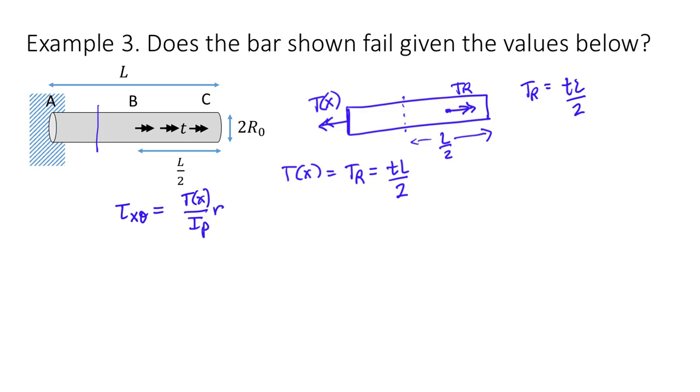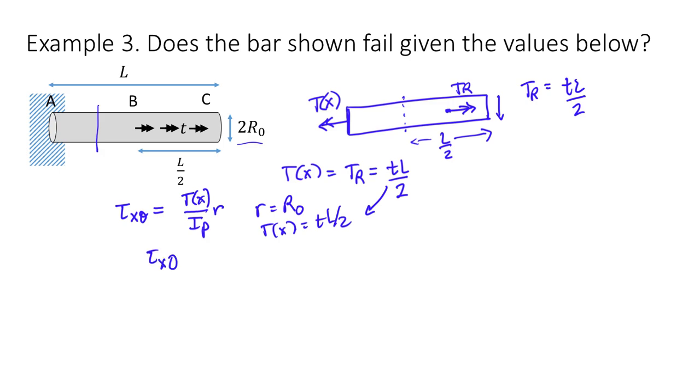And to find out where this is maximum, we have this written over here. It's maximum where r is equal to r naught, and where T of x is equal to tL over 2, what we had there, because that was the maximum value in segment AB, and we don't need to calculate it in segment BC. So we plug these in.